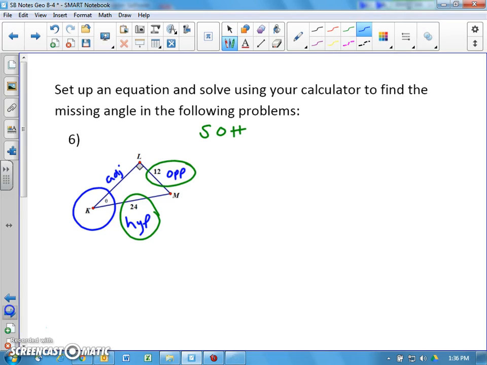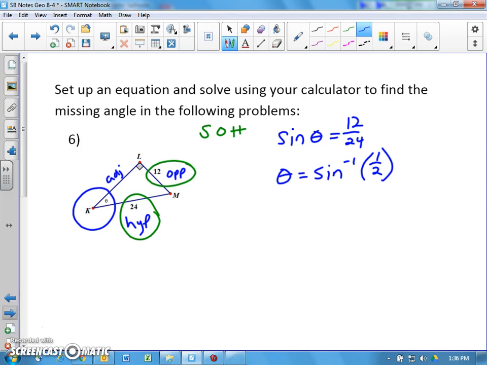So what I would set up is the sine of angle theta is opposite over hypotenuse, so it's going to be 12 over 24. If I need to solve to find theta, theta is going to be the inverse sine of 12 over 24, which we can reduce to 1/2.